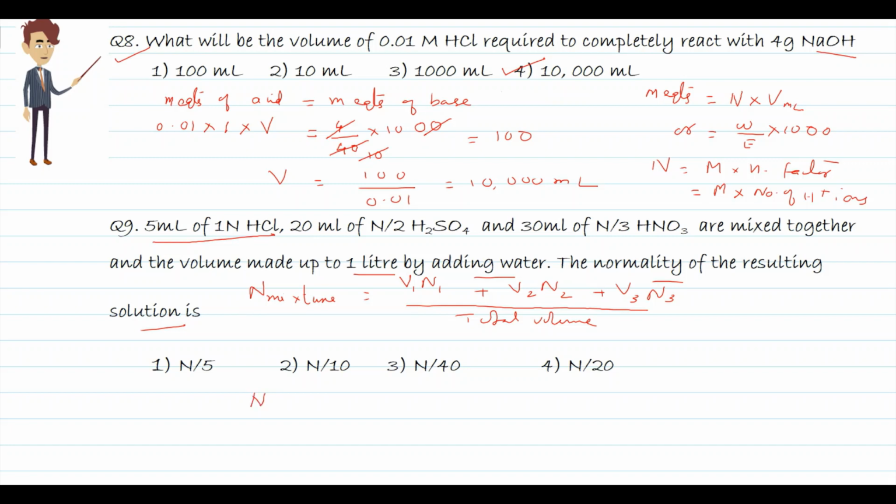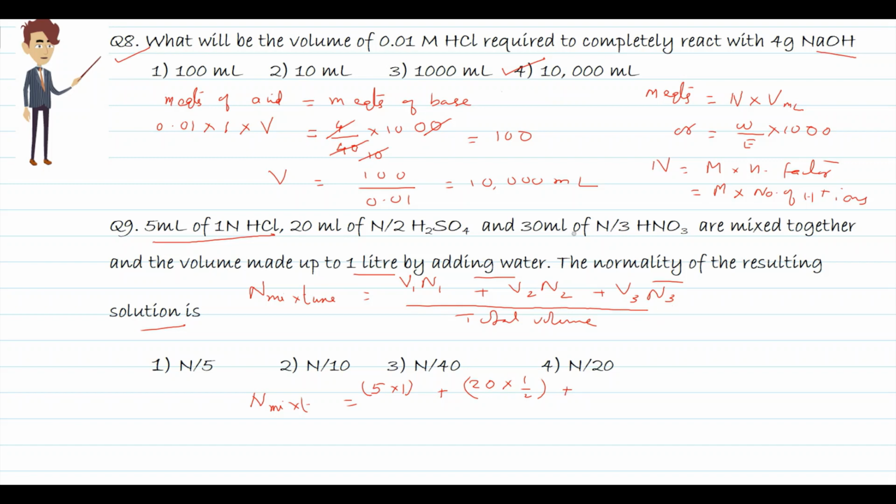So normality of mixture is equal to 5 ml of 1 normal. So V1 N1 is equal to 5 into 1 plus second solution is 20 ml of N by 2 H2SO4. So 20 V2 into N2. N2 means N by 2, it is 1 by 2. Plus third solution we are using V3 N3.